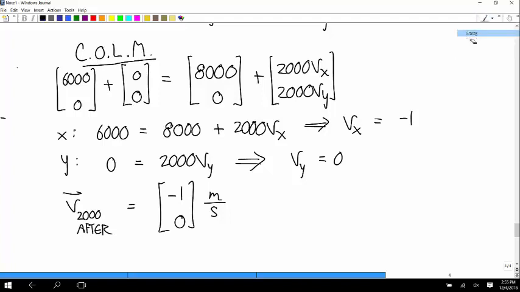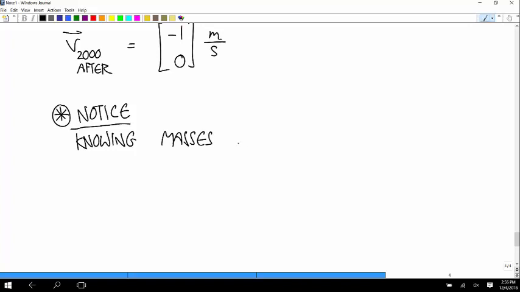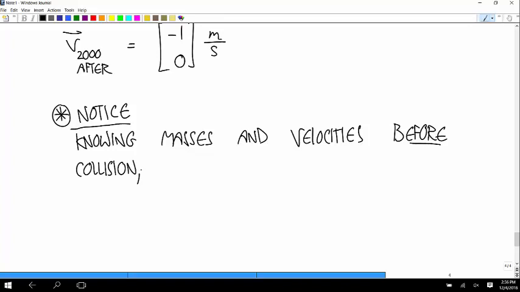One important thing to notice about this is that knowing the masses and velocities before the collision is not sufficient to calculate the velocities after the collision.